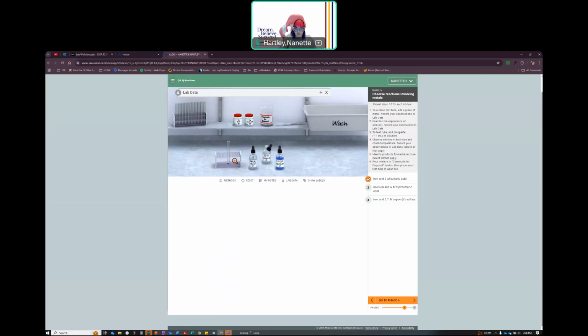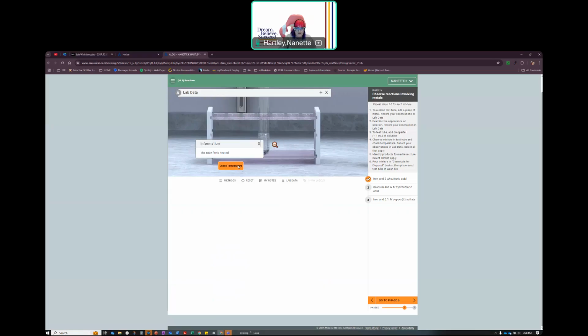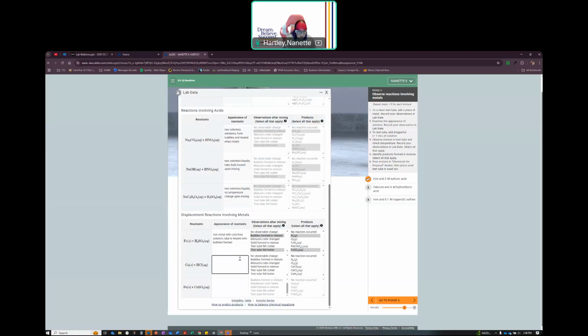And then hydrochloric acid. Heat it again. Calcium. The solution tube is heated. It's formed. The tube gets hotter. H2, CaCl2.